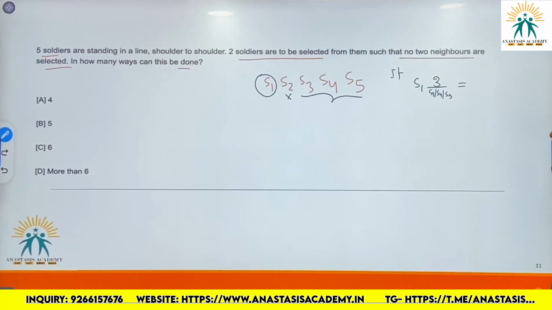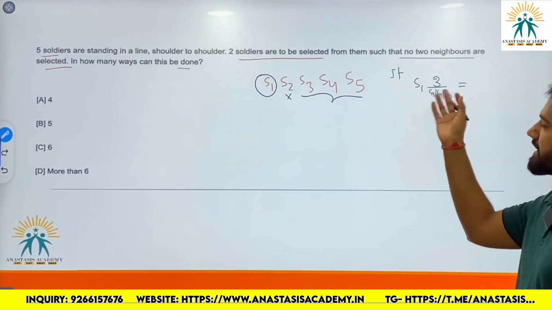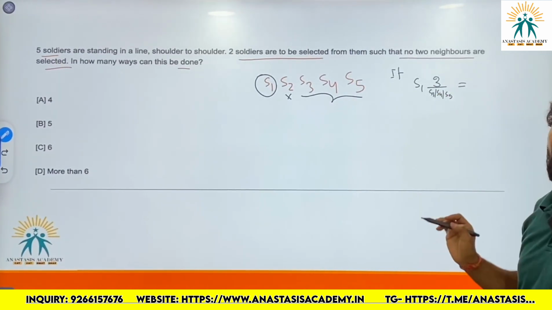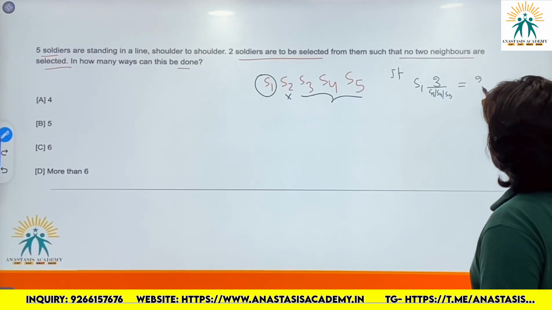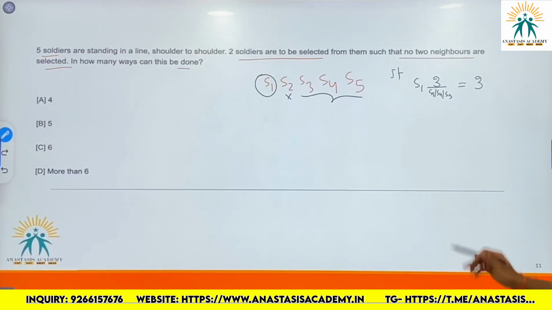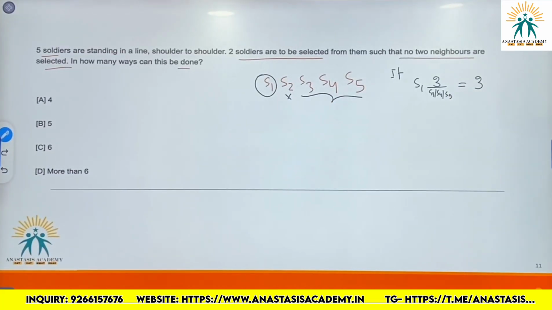So the number of ways in which 2 soldiers are selected, if I select soldier 1 in my selection, then the number of cases would be 3 such ways are possible, that is S1, S3 or S1, S4 or S1, S5.